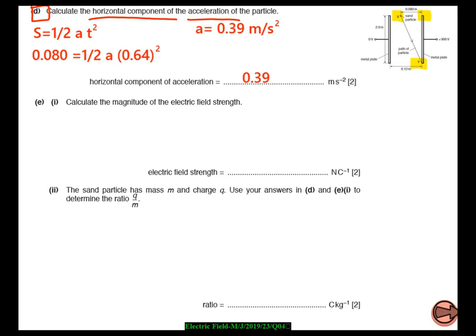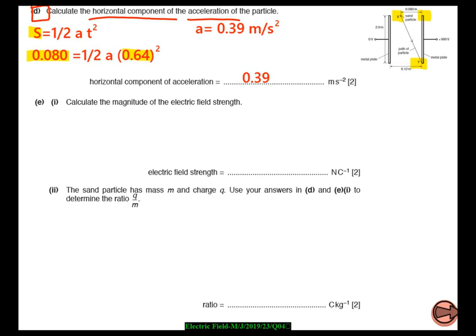As you can see here, what I did is, we have s, the horizontal displacement. We just plug in the value of the horizontal displacement, and this is the value of time we have already calculated. And as the particle starts from rest, as I mentioned before, we took u is equal to 0.